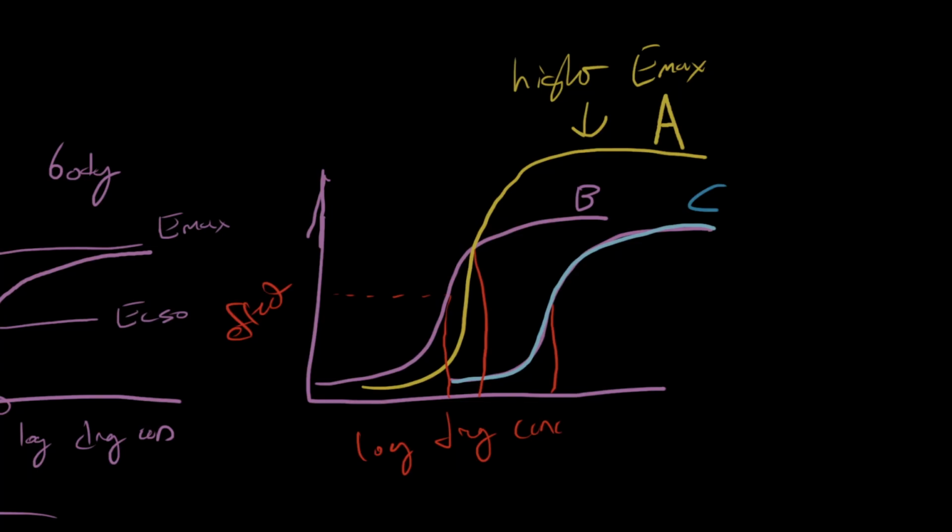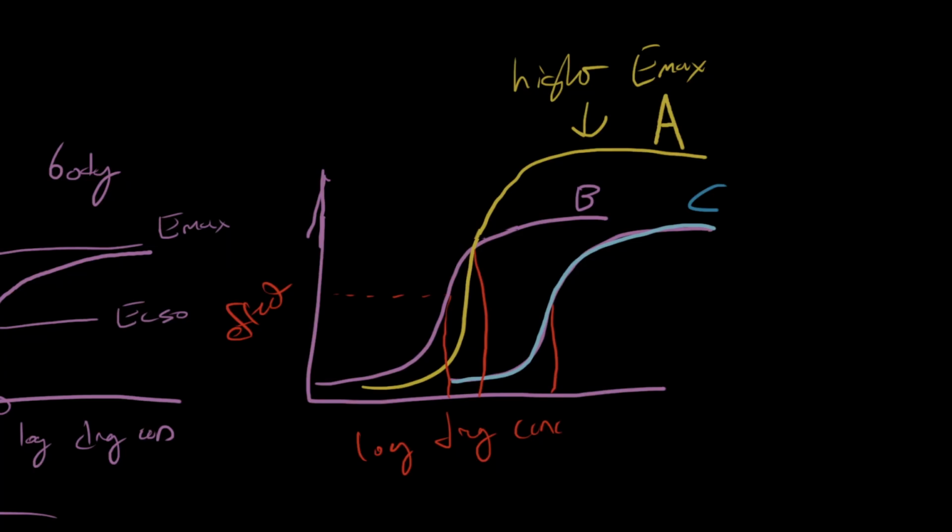So you need less concentration of a drug to get an effect, but it does not necessarily have the same effect as drug A. And finally, we have drug C, our quote-unquote worst drug here, which is the least potent, so you need the highest drug concentration to get an effect, and it's also not as efficacious as drug A. This is how you can interpret these pharmacodynamic graphs.